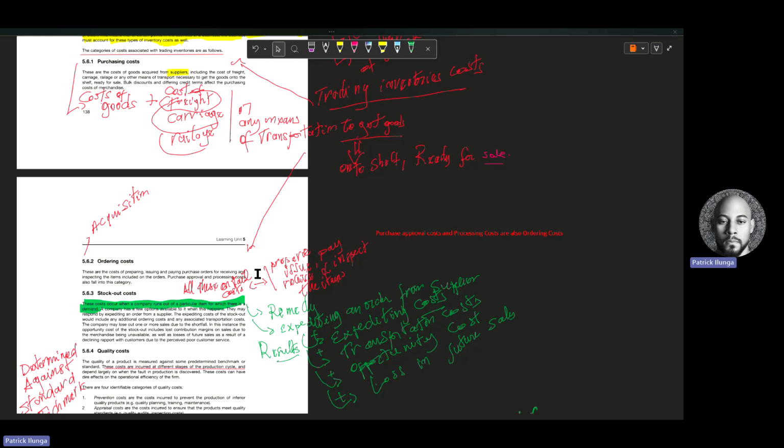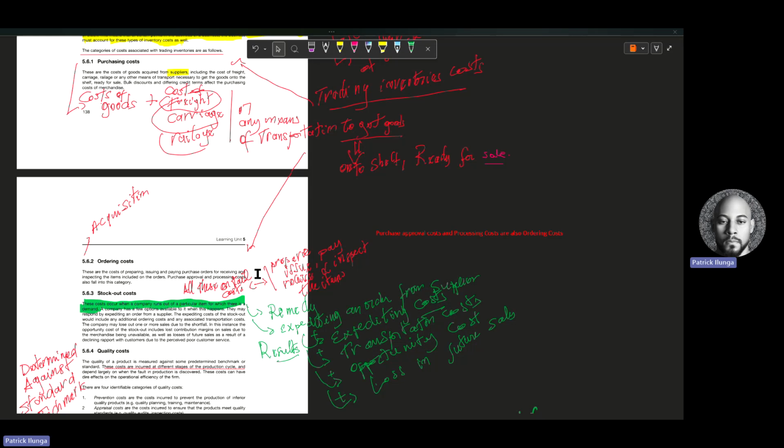So if we break down the cost and the purpose of each cost, you can see that there are multiple things covered within what we call ordering cost, or the idea of inventory acquisition, right? Purchase approval, for example.